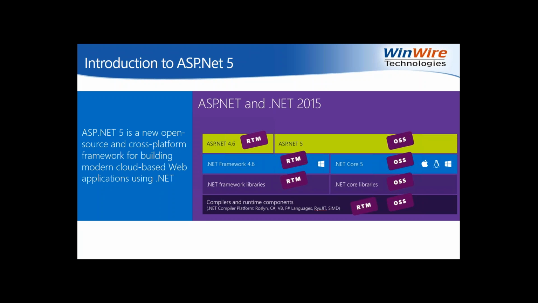That gives you a lot of flexibility of building modern web applications that can run on any platform. So basically you're building cross-platform web applications. It also gives you the flexibility that you don't have to host it on IIS, and you can also self-host it. So that's in core about ASP.NET 5 and how it is different from previous versions of ASP.NET.